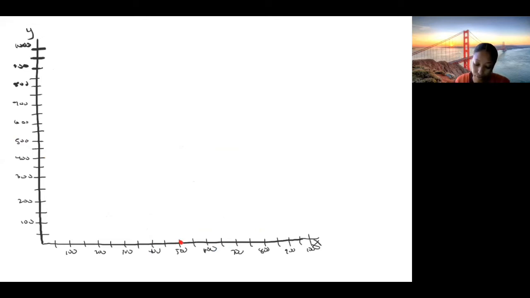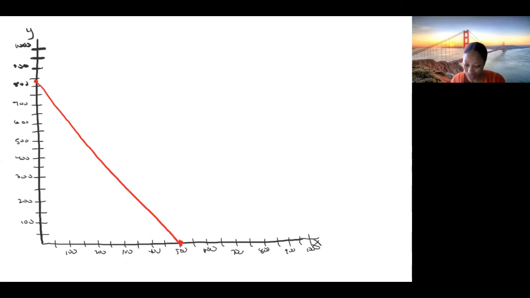Oh, my lines got a little uneven up here somewhere, but 835 would be about here. And then we want to connect these two. Oh, I missed. All right, not too bad.